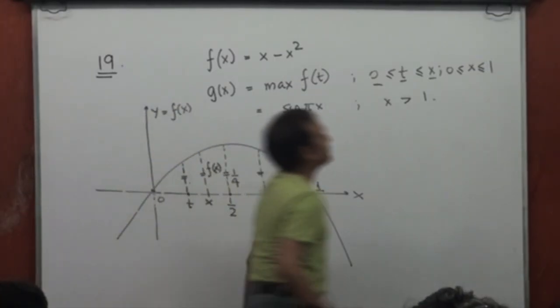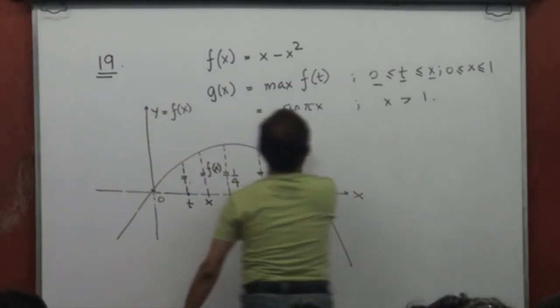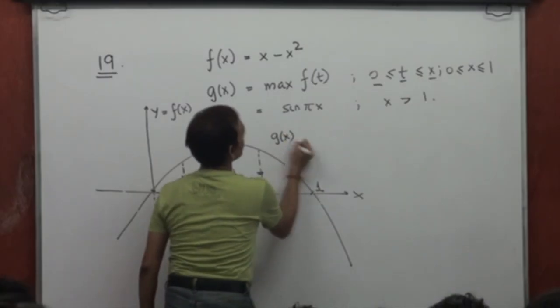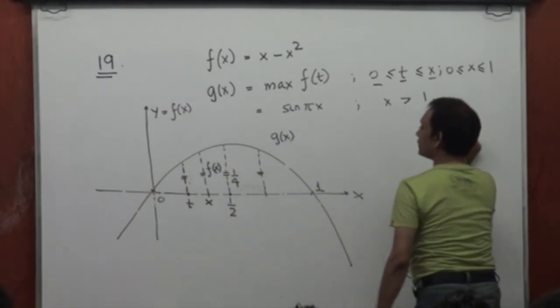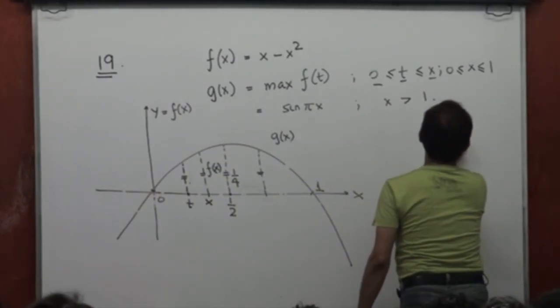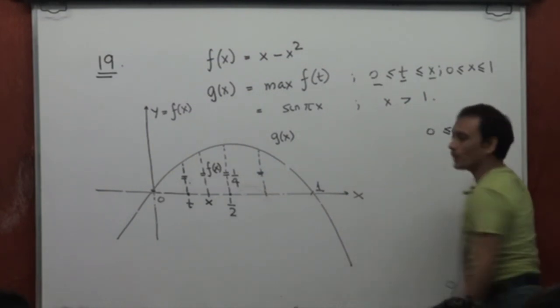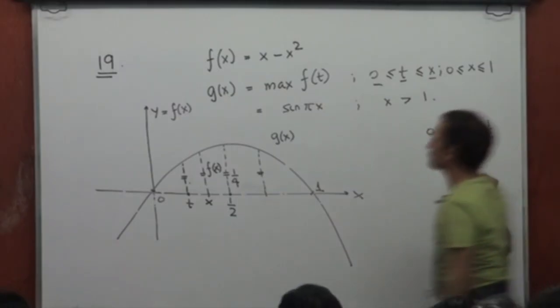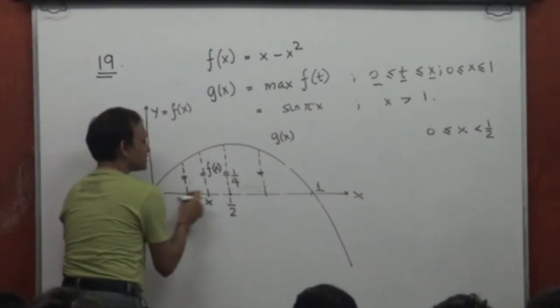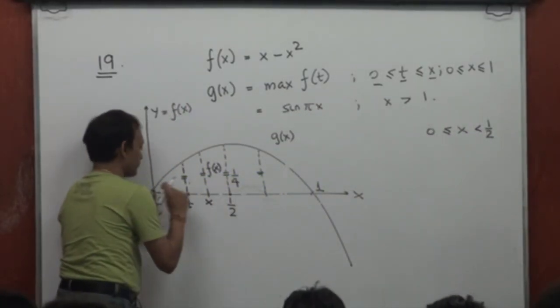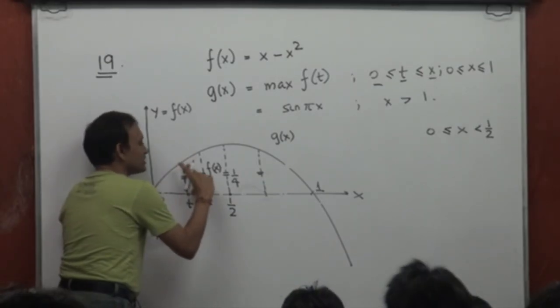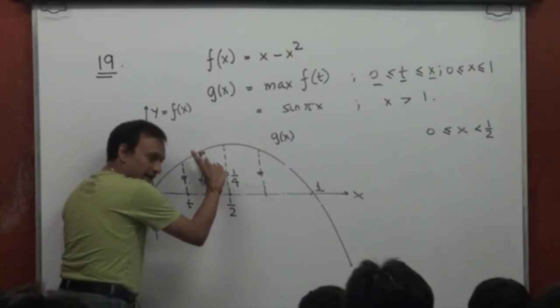So the complete description of g(x) is, while x goes from 0 to half, that means if t lies anywhere between 0 and half, I populate all the f(t)'s, the largest f(t) would be f(x).